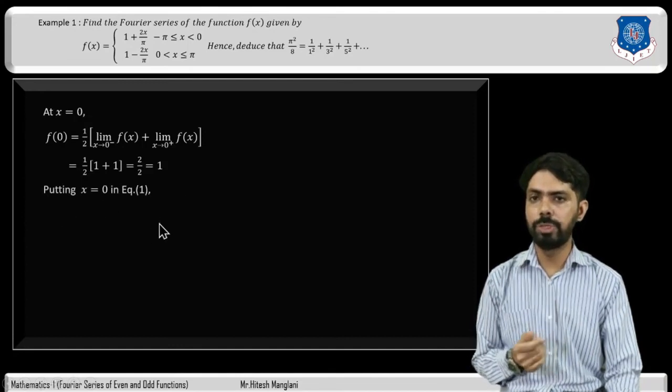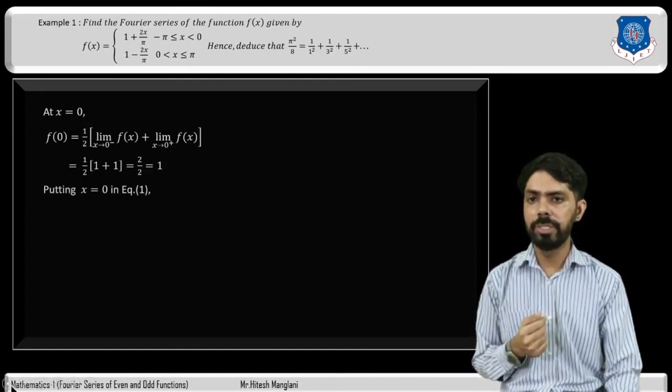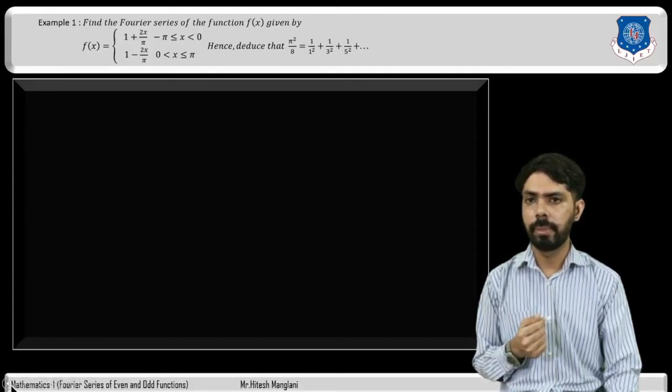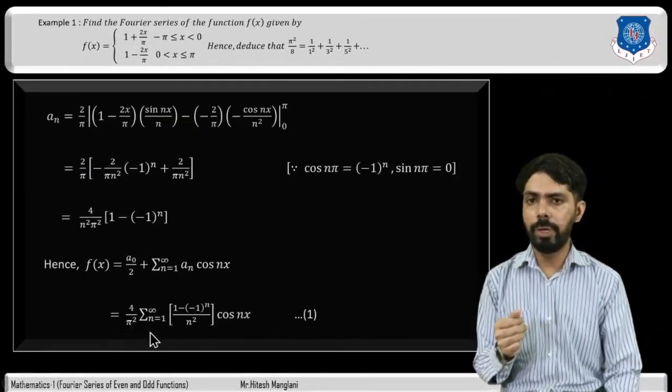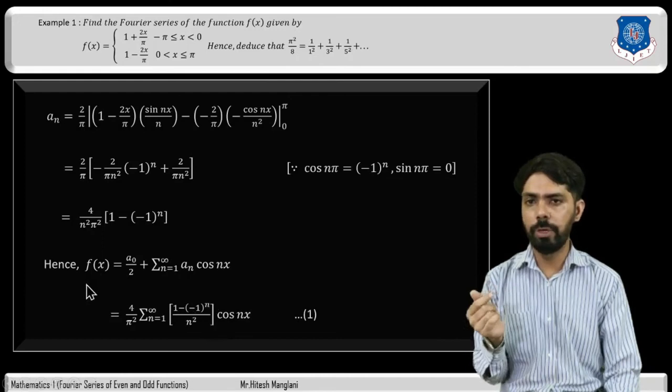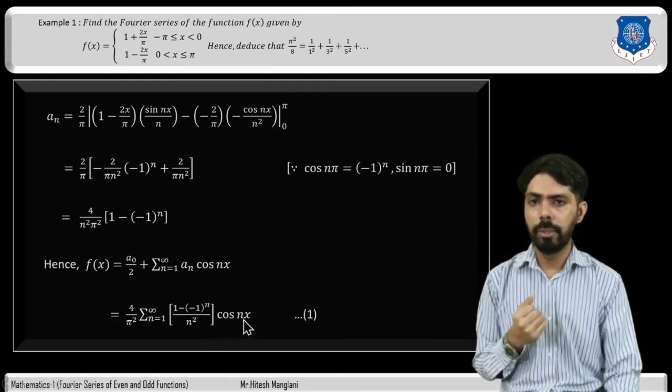Therefore the value of the function at x = 0 is 1. Now putting x = 0 in equation 1. What is equation 1? It is 4/pi² sigma n=1 to infinity of (1 - (-1)^n)/n² cos nx. Now if we put x = 0, then cos 0 is 1, so no need to write this term. Here n varies from 1 to infinity.